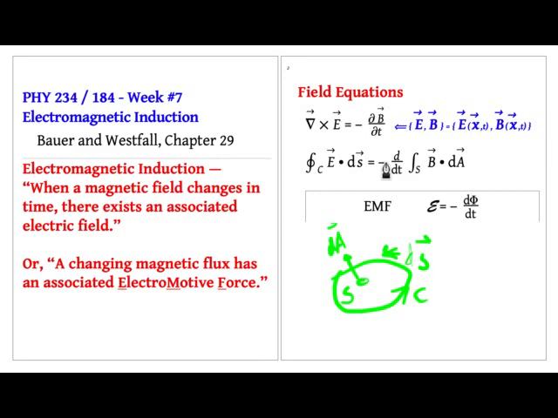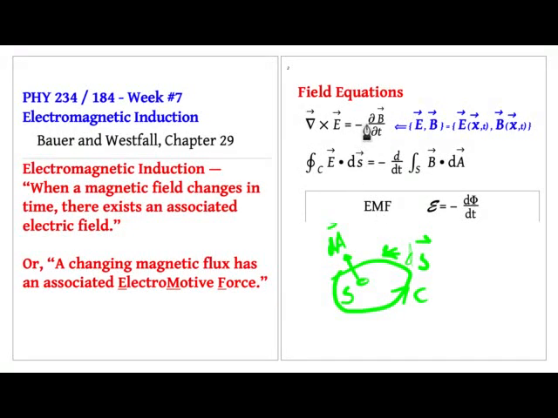And now we take minus d/dt of the flux. That's the negative rate of change, or the rate of decrease of the flux through the surface. Now there's an interesting directionality of electromagnetic induction. The electric field circulates around the change of the magnetic field.